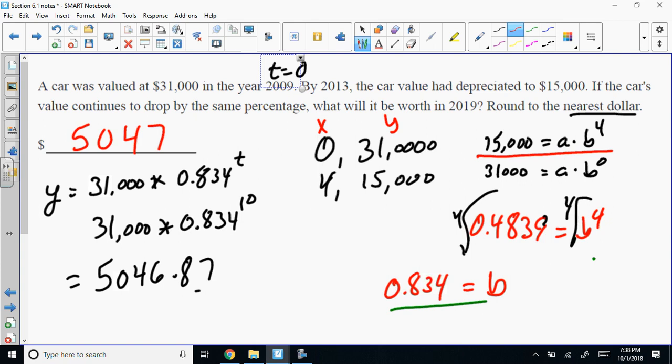Okay. Any questions? Yeah. The 0.834, that's the percent remaining. Yep. You go to 16% from the 0.166 that would have been the decrease, right? Yeah, the 16.6% would be how it's decreasing, right?